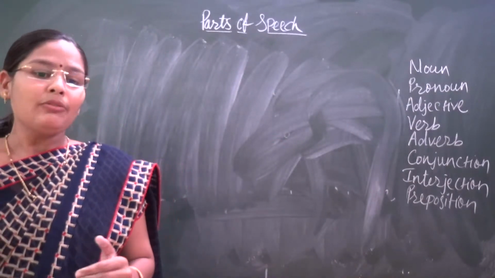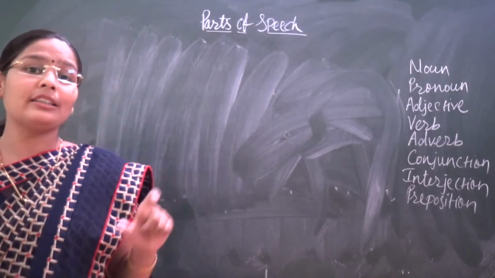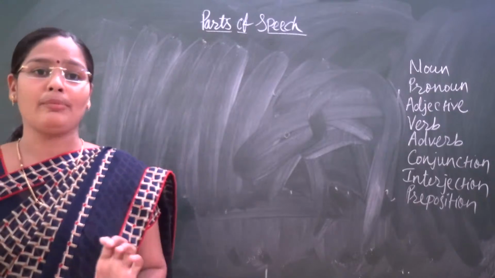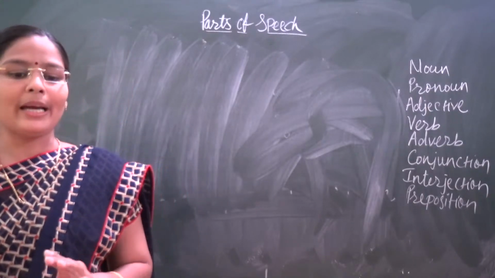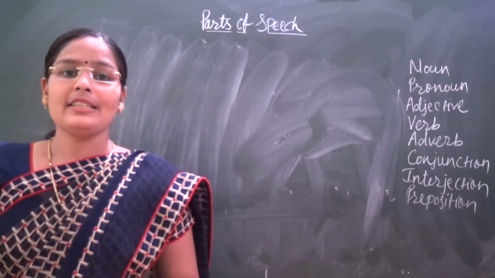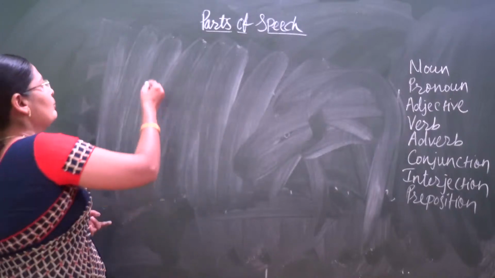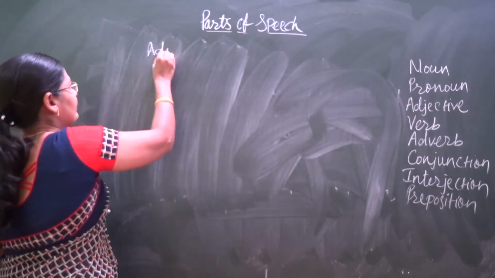Then formation of noun. How are nouns formed? Nouns are formed by adding suffixes to the adjective, verb or common noun.